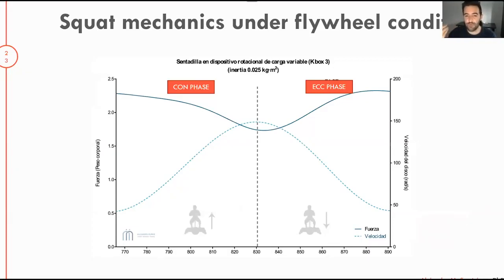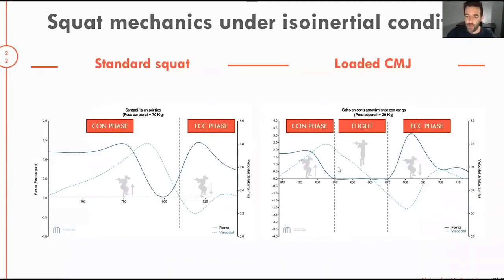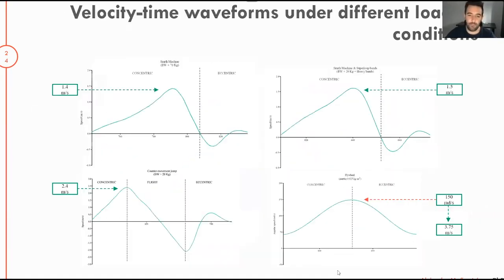So it's good to start to understand and compare both kinds of speeds. What we can see here is that the peak speed is always achieved at the end of the concentric phase, let's say between the transition of both phases. So if we talk about specificity, we see that the flywheel device is more related to an isoinertial exercise with a flight time, so you can delay this kind of peak, okay?